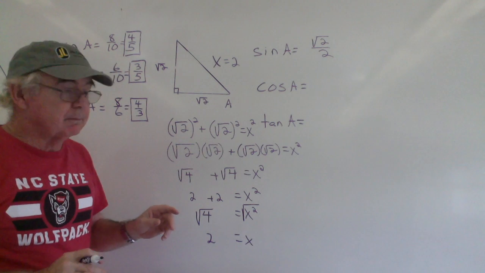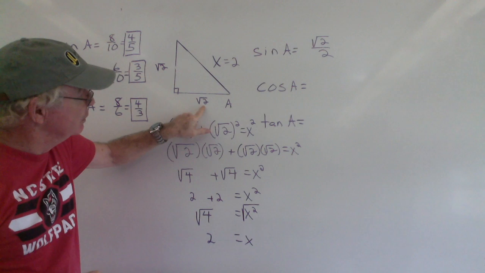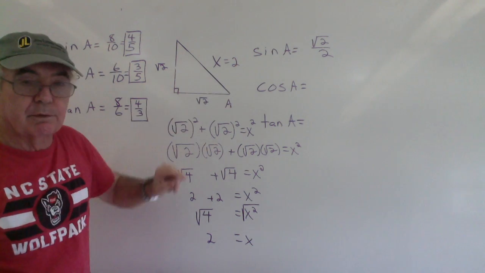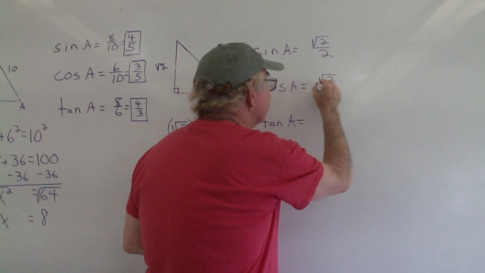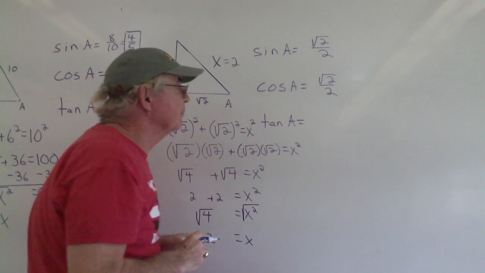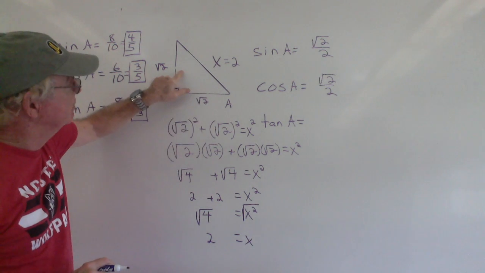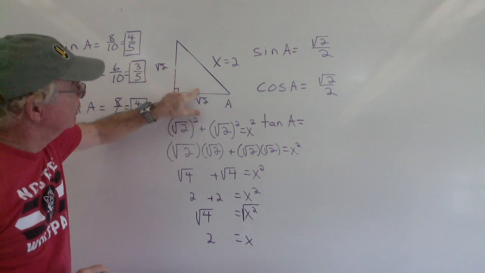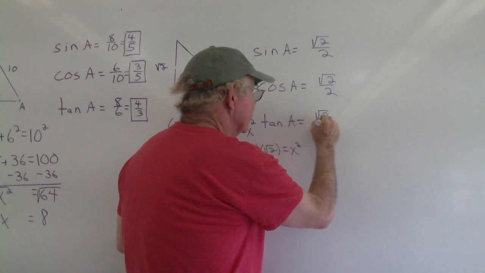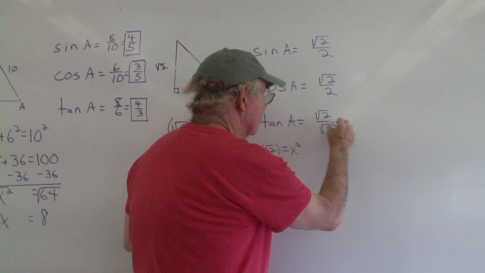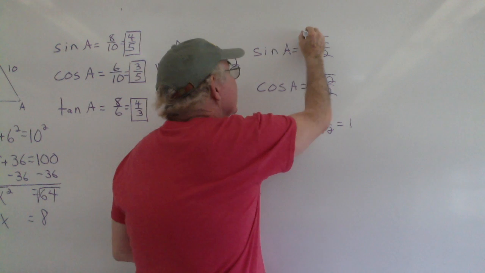The cosine is the adjacent. Notice it's the same, square root of 2 over 2. And the tangent is the opposite over the adjacent, which is the square root of 2 divided by the square root of 2, which is 1. So there's our 3 trigonometric ratios.